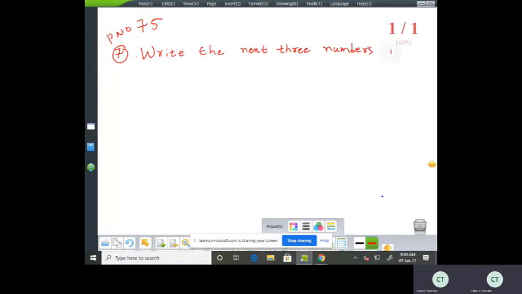Okay, dear students, the given question A is 60, 50, 40, dash, dash, dash. Now we have to fill these blanks.